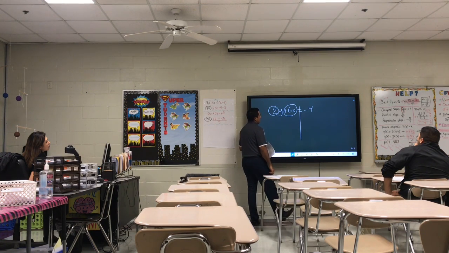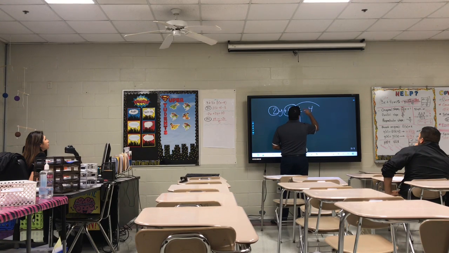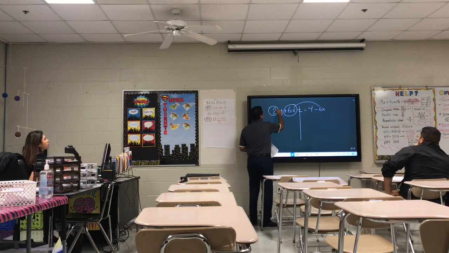So x will go through the top, and it becomes minus 6x. And then the 2 goes to the bottom, which is the y.